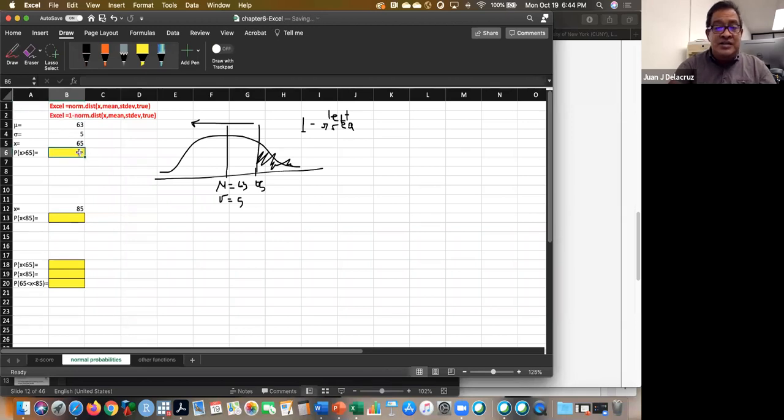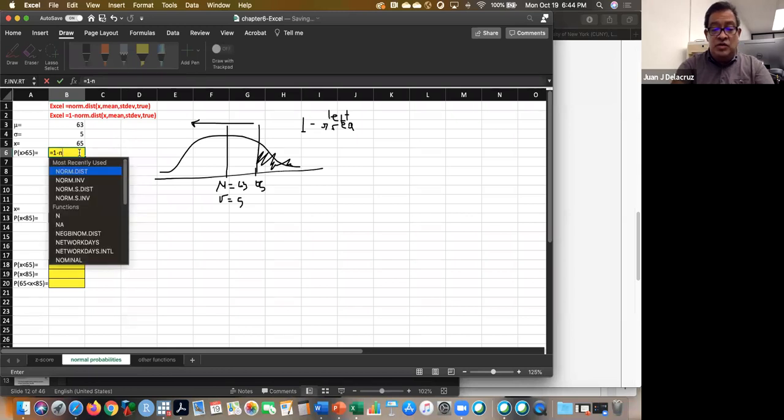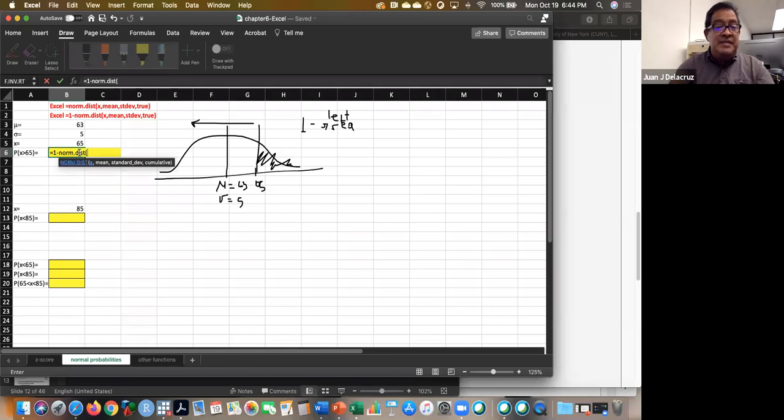So in this case, I'm going to say equal 1 minus NORM.DIST. This is asking me for the value of x, it's asking me for the mean, which is this 63, and it's asking me for the standard deviation, which in this case is 5.